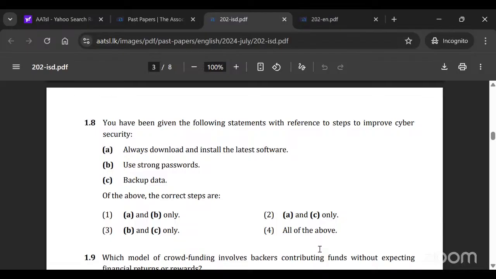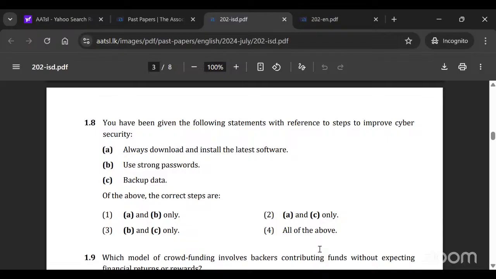Use strong passwords. Yes, that is also important. A strong password should include numbers, letters, uppercase and lowercase, and non-alphabetic characters, right? That is also very important. And backup data.